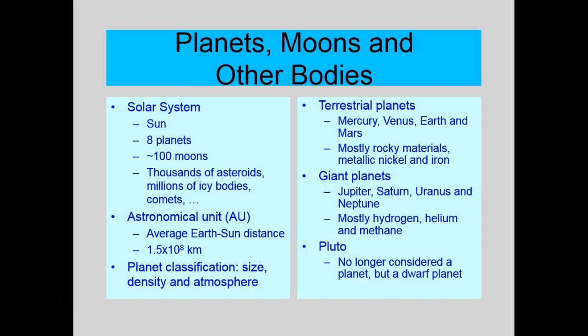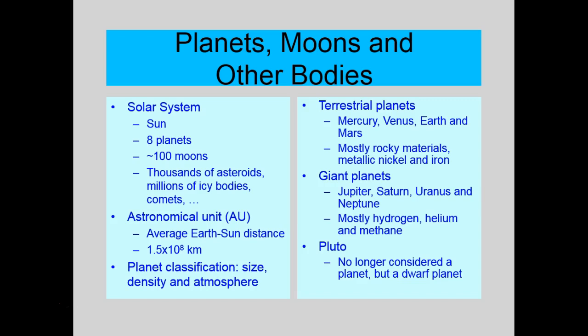There are approximately 100 moons. I think that's a bit on the low side, because if I'm not mistaken, Jupiter has between 50 and 70 moons itself, and Saturn has quite a few, and the other big planets have quite a few moons. There are literally thousands of asteroids, millions of icy bodies, think comets, okay?